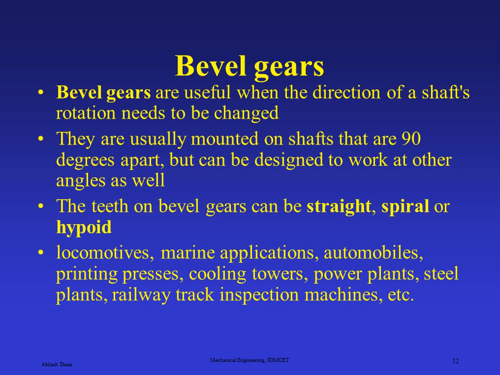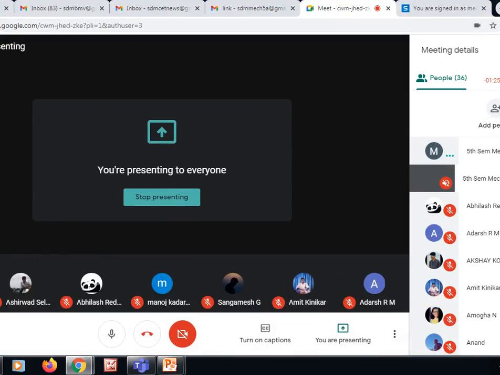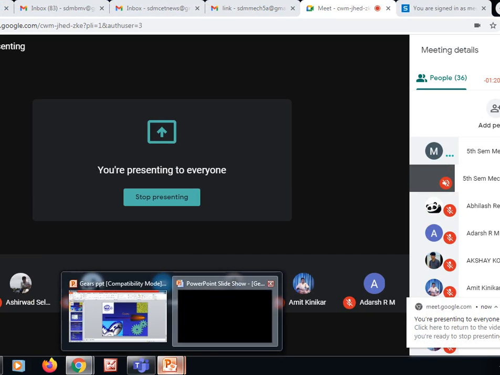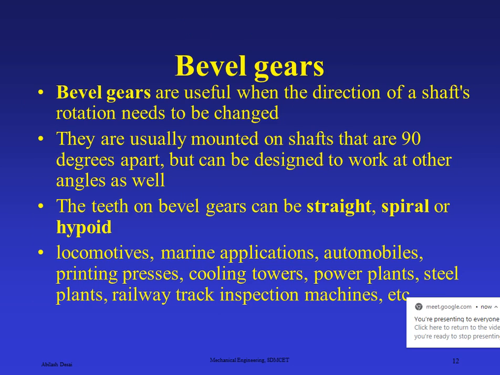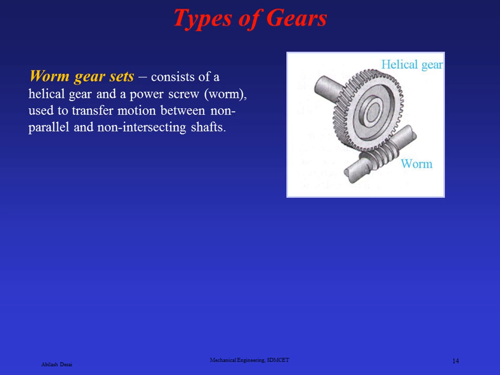Even in your automobile, in many places you can see bevel gears are used, mainly in the differential. Next, these are the straight and the spiral bevel gears.